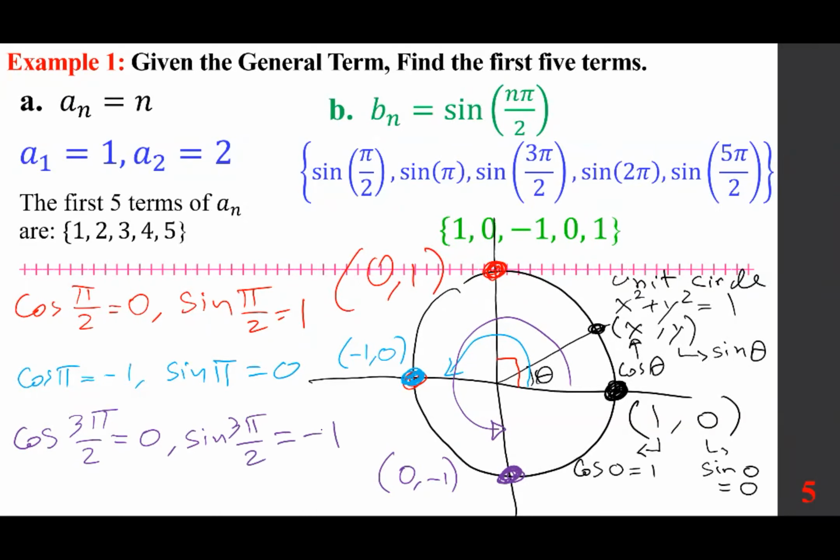Sine of 3 pi over 2 is negative 1. So knowing the unit circle will help us with common arcs. And that's how we arrive at those answers: 1, 0, negative 1, 0, 1.